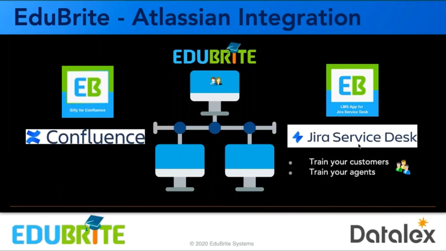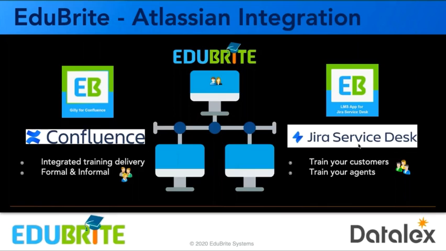But in addition to the Jira Service Desk integration, today's focus is the Confluence integration. The purpose of the Confluence integration is that Confluence is a knowledge base which people are already using heavily for their work.